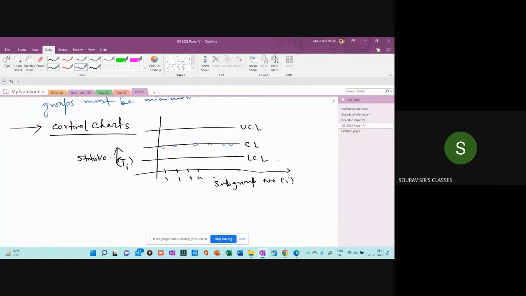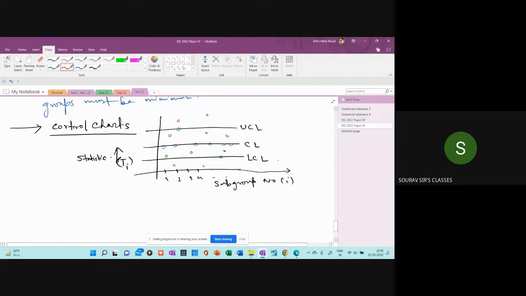If the products lie over here, maybe on the upper limit or the lower limit, the green ones, we are giving a bound. We can't say that this is the exact pass mark. We are just giving an upper and lower limit: if they fall within this boundary, they meet the quality specification.